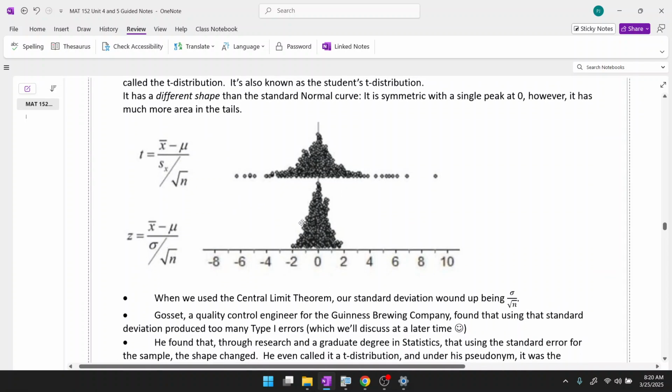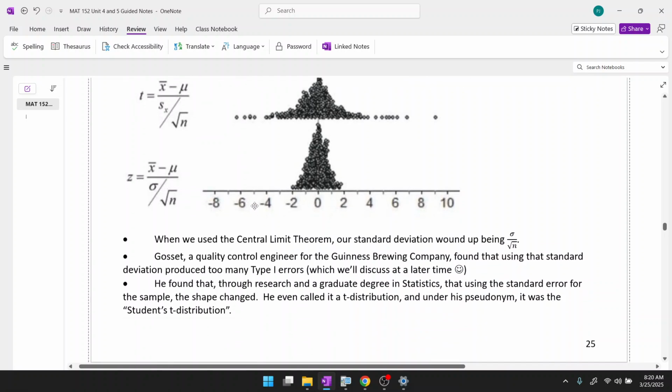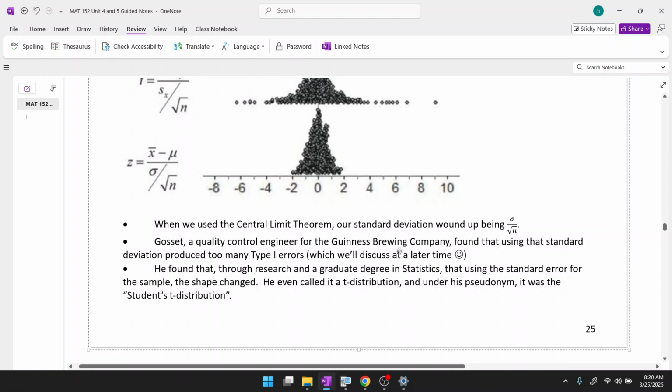So if you look at this, the T does allow for more error. The t-distribution came about where a quality control engineer for the Guinness Brewing Company found that using the Z distribution produced too many type 1 errors. In other words, they were throwing away too much good beer.